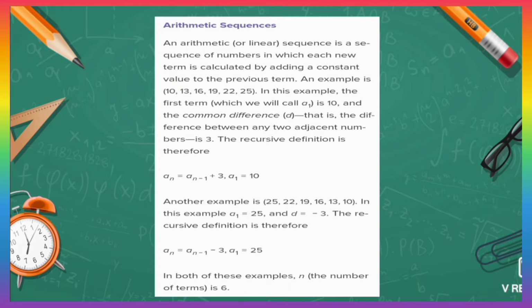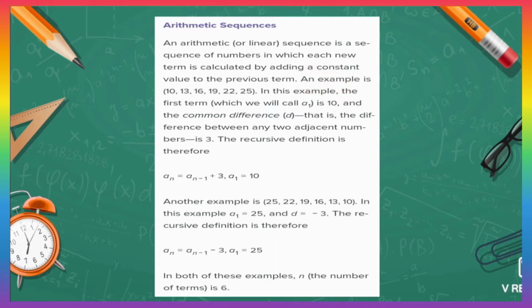So, ibig sabihin ng constant ay dapat kung ano yung in-add mo doon papunta sa second term, ay yun din yung i-add mo sa third, fourth, and so on and so forth, or infinity. Ganon, dapat constant. Kung ano yung value na in-add mo sa first term, ay yun din yung gagamitin mong value para sa ibang term pa.